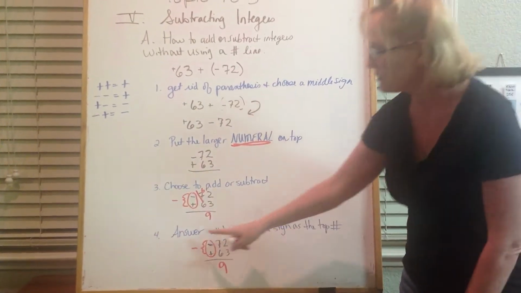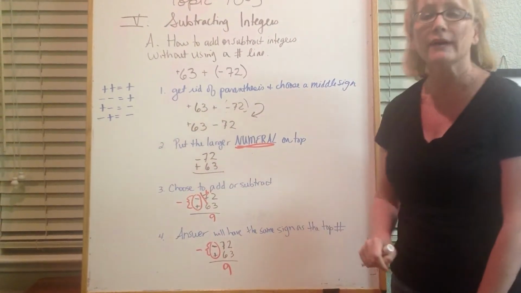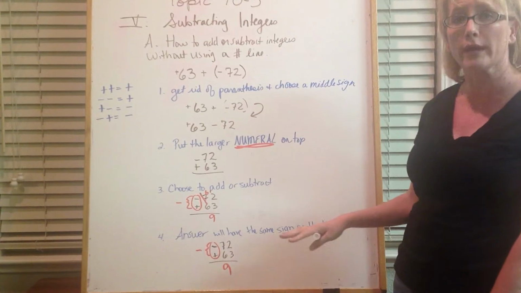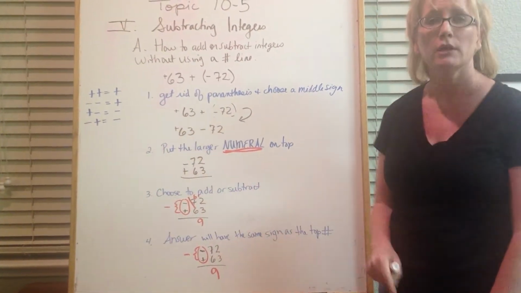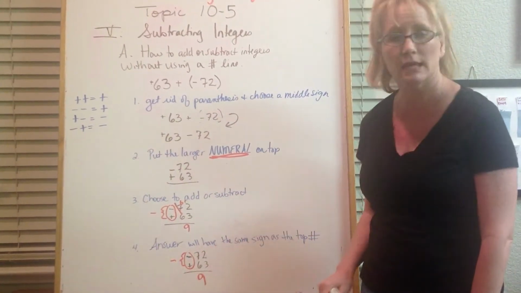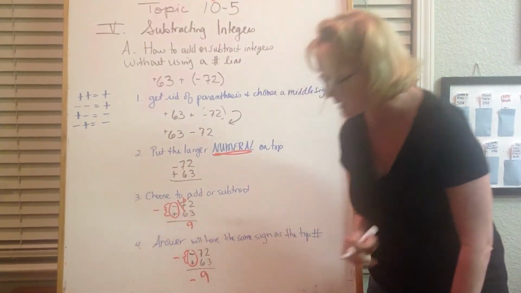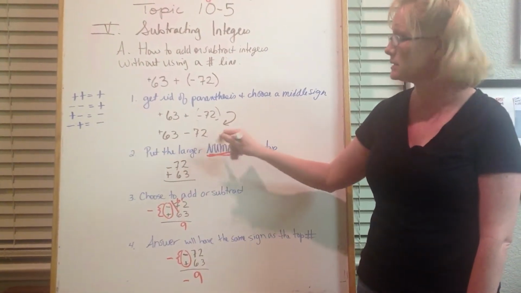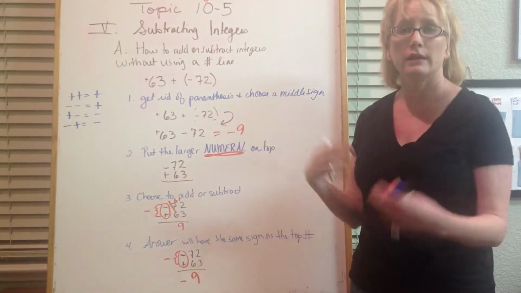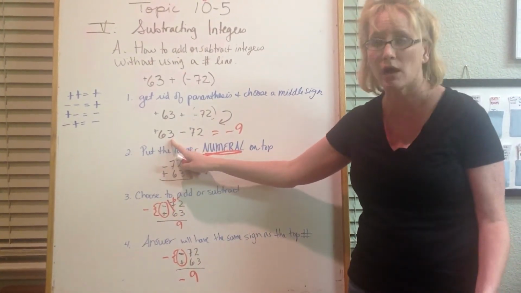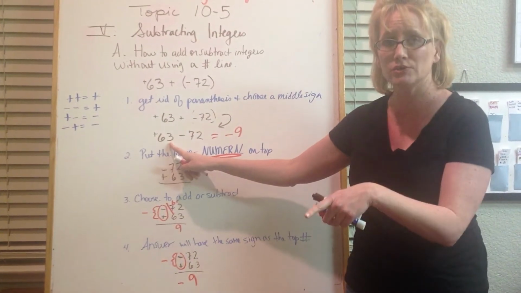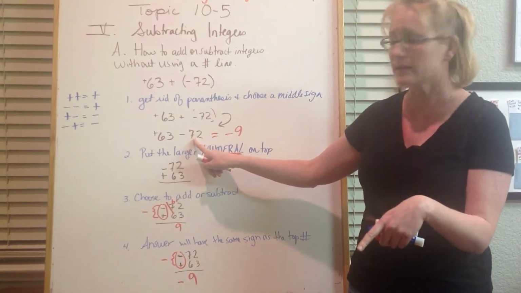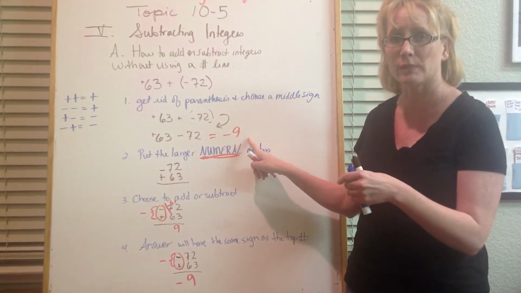There's one more step. The answer will have the same sign always as our top number. Our top number had a minus sign, so my answer will also have a minus sign. So 63 minus 72 is negative 9. Another way of thinking about that is I had $63, but I spent $72, so my bank account says negative $9. I spent too much.